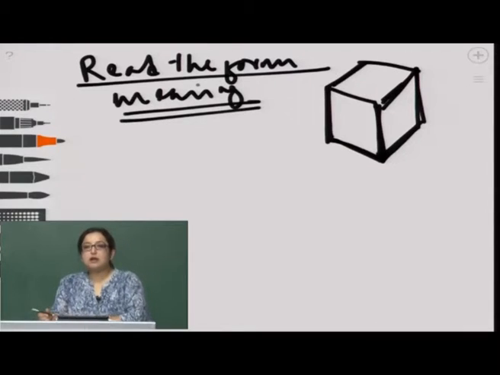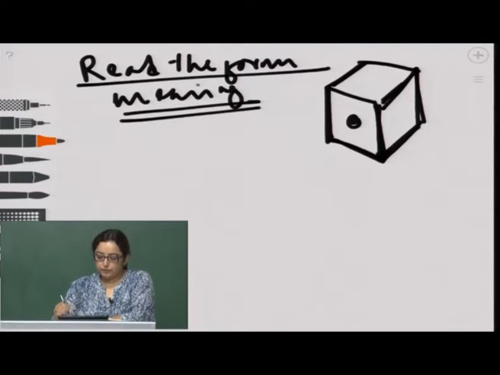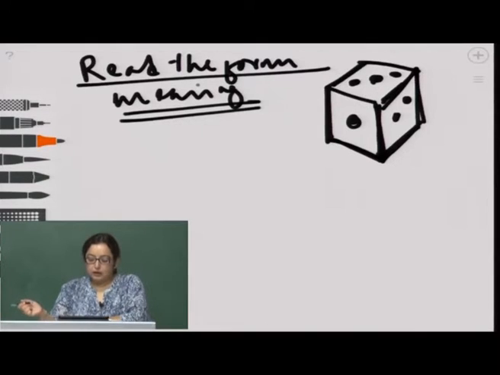So, what comes under the cuboid family will be a dice. There can be other examples.